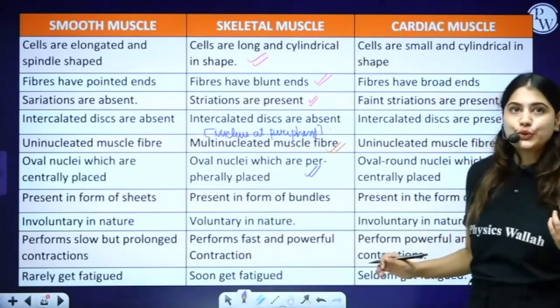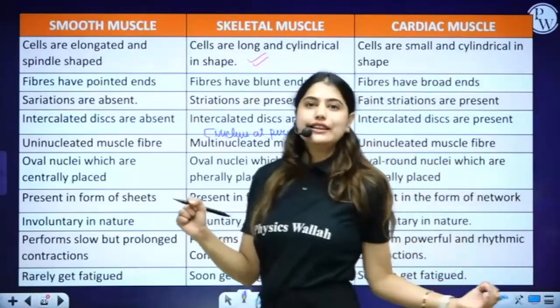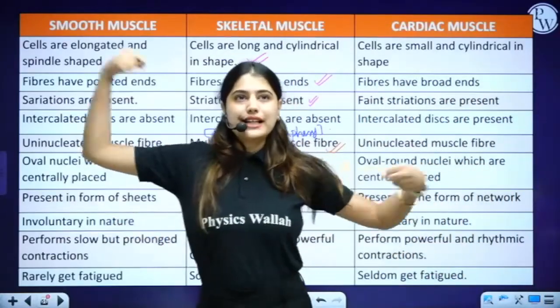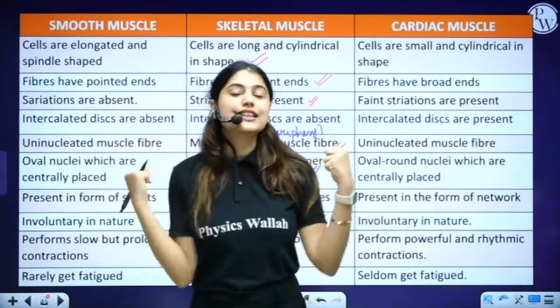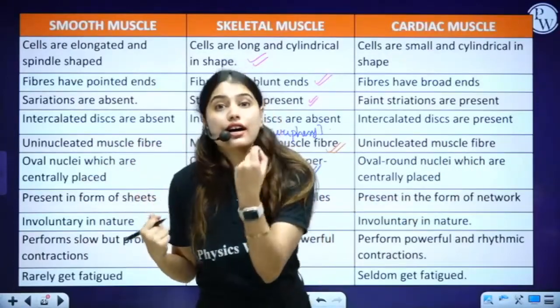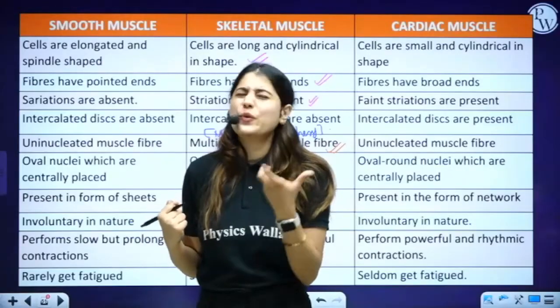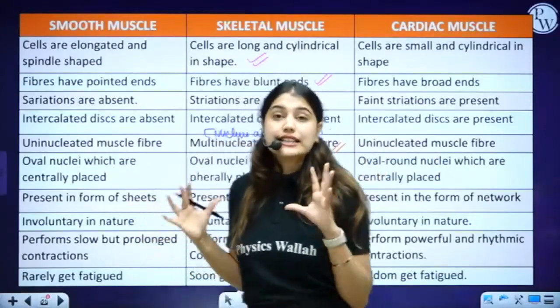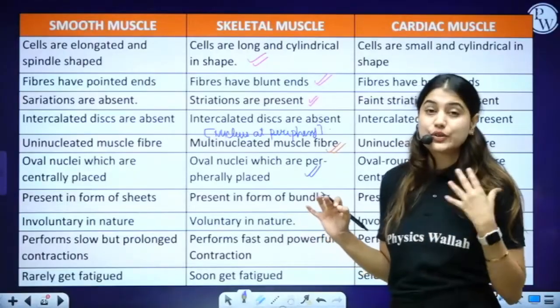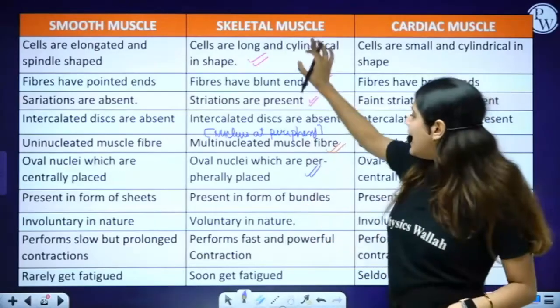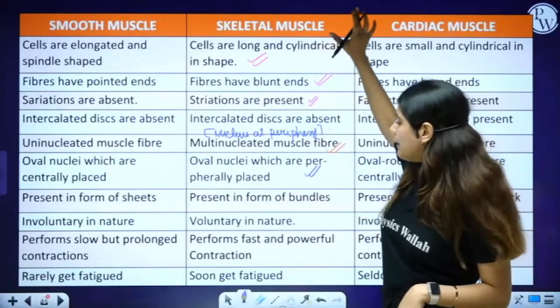Lastly, guys, where will these muscles be present? They'll be present, let's say, in my hands. That is, they will be attached to the skeletal system. What is the skeletal system? Bones. Since they are attached to the bones, to the skeletal system of our body, hence the name skeletal muscles.